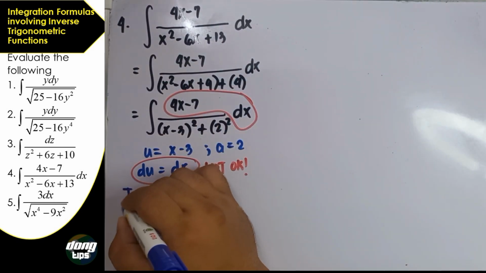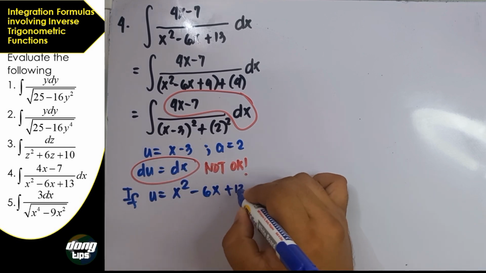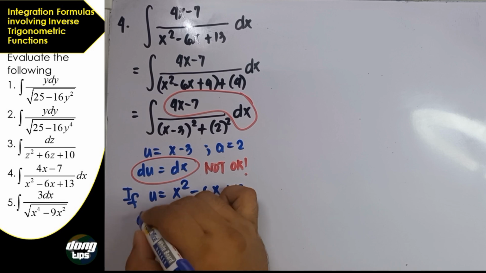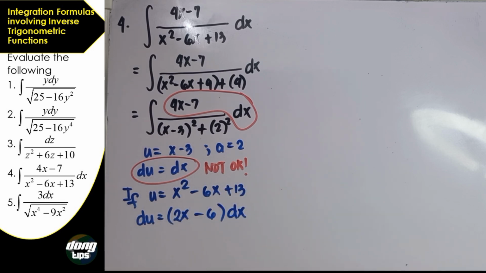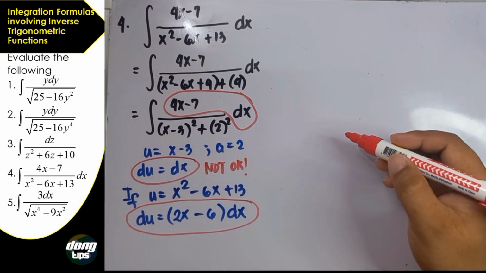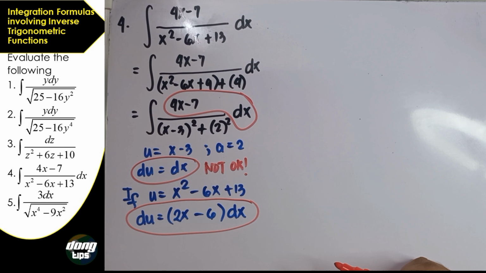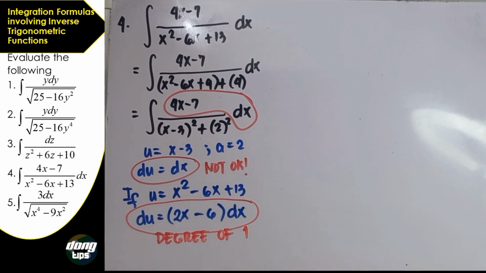Let's try using the denominator as u and solve for its derivative. If we compare 2x minus 6 and 4x minus 7, the only thing common between them is that they are both linear. Question: can we modify this?